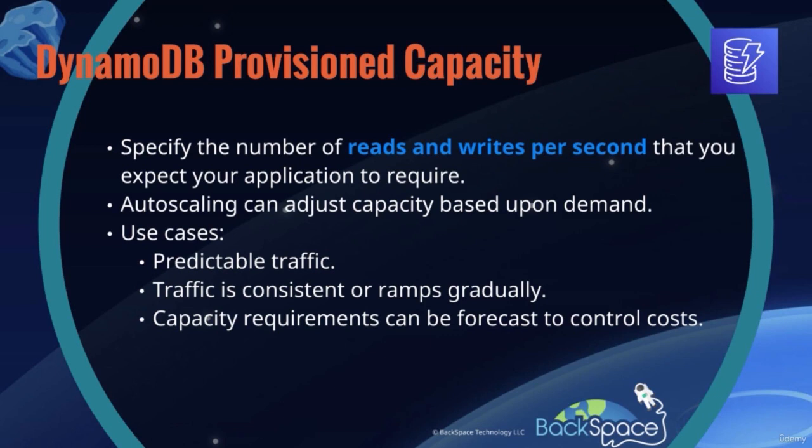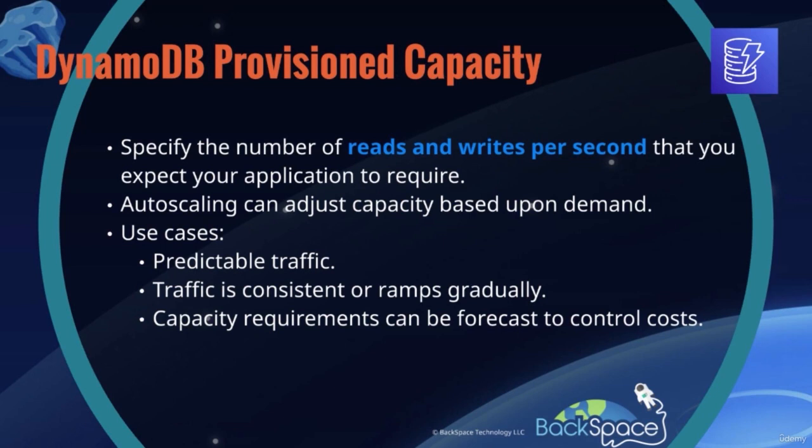But if you find that the capacity changes over time, it might be seasonal, it might one day be a little bit more or a little bit less, then you can adjust that using auto scaling. So just in the same way as you would have auto scaling of EC2 servers, you can also have auto scaling of your provisioned DynamoDB capacity, and you can trigger that based upon a CloudWatch alarm.